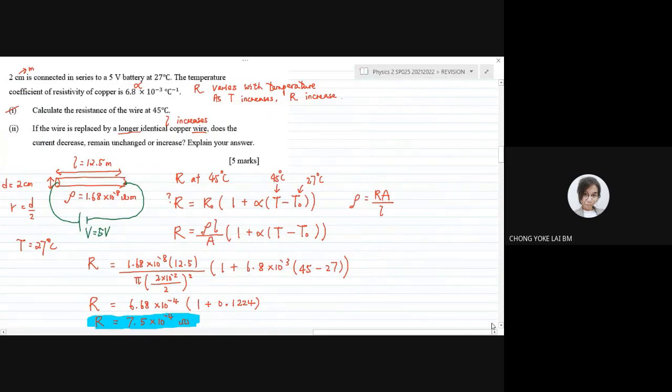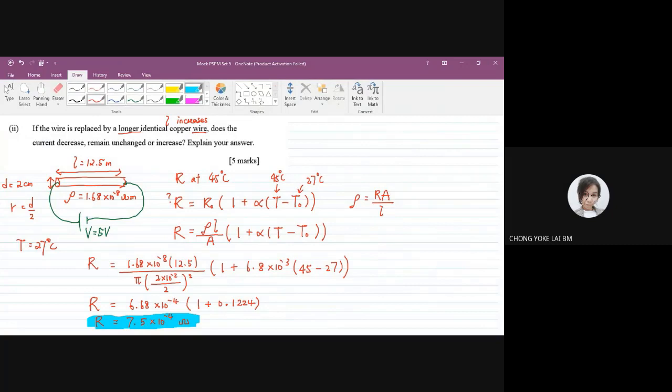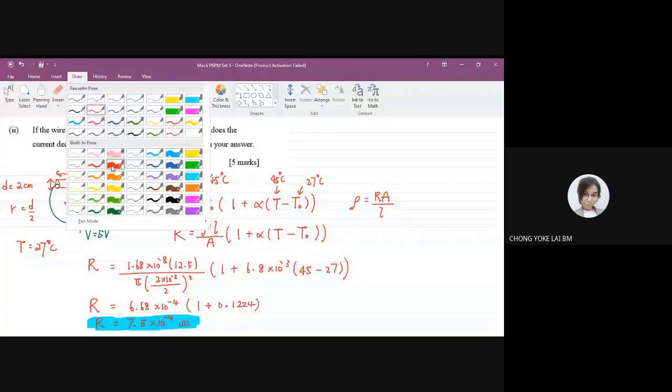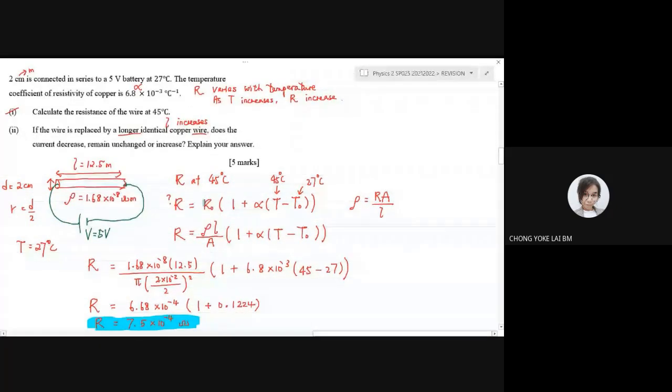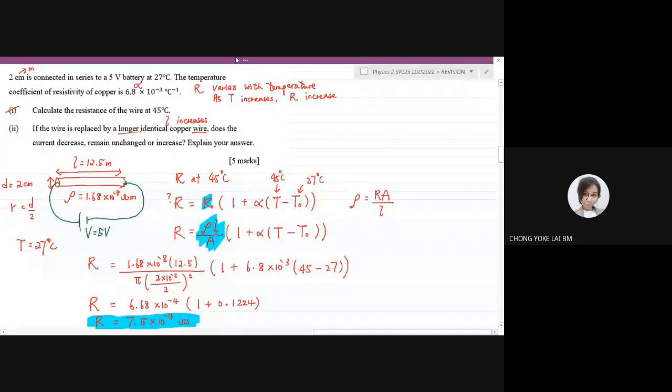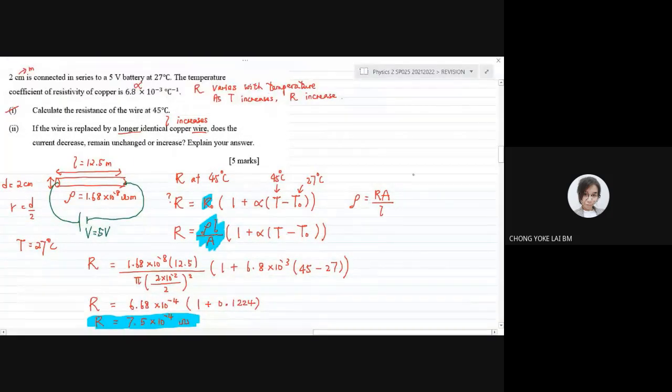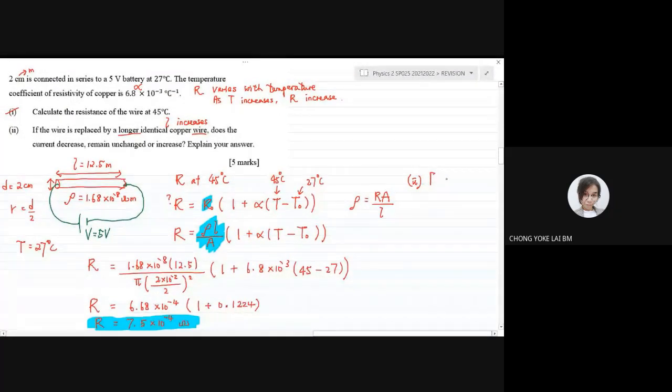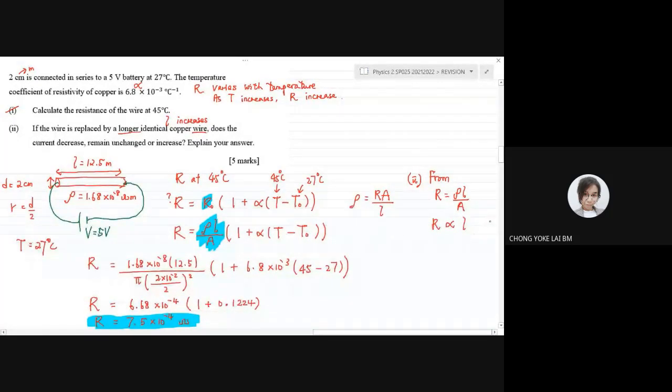So anda kena faham length tu dia akan mengubah nilai apa. Jadi kalau kita refer kepada formula yang ada, our R is rho L over A. Nampak? So from the equation, R is rho L over A. So we understood our resistance of the wire is proportional to the length of the wire.